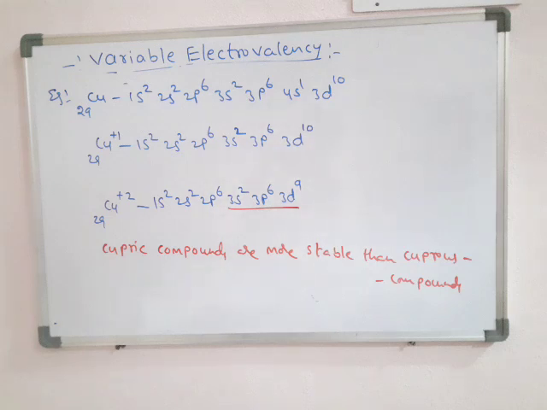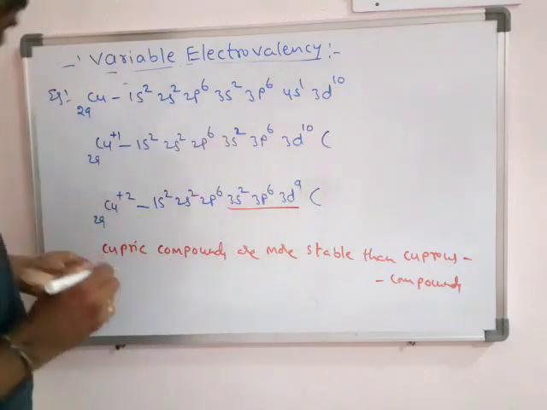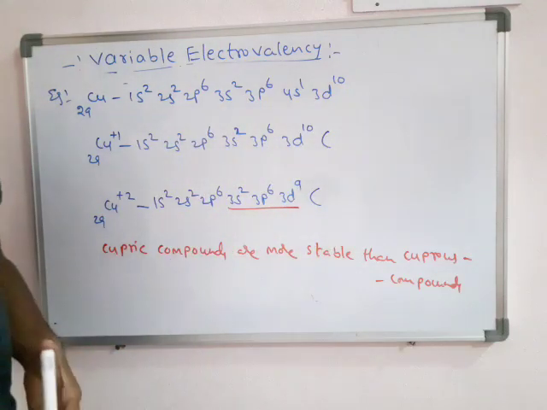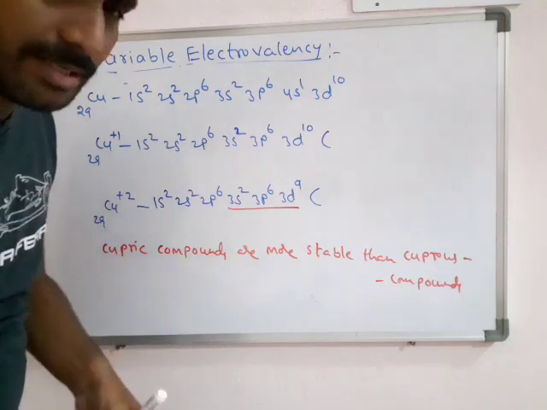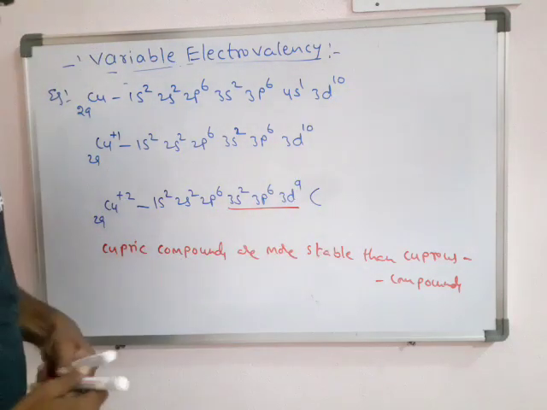Cupric compounds are more stable than cuprous compounds. Okay, so cupric means this is Cu+2. So it is not the stable configuration, actually we would have a totally unstable configuration and there is no chance, but it is more stable.